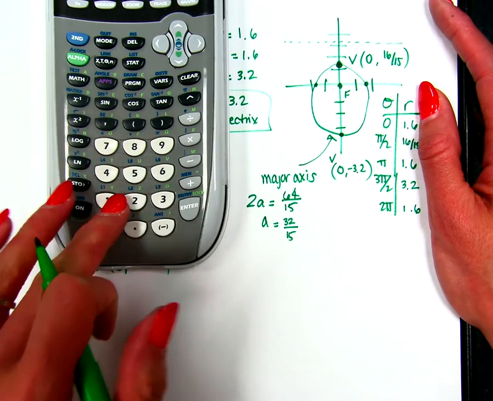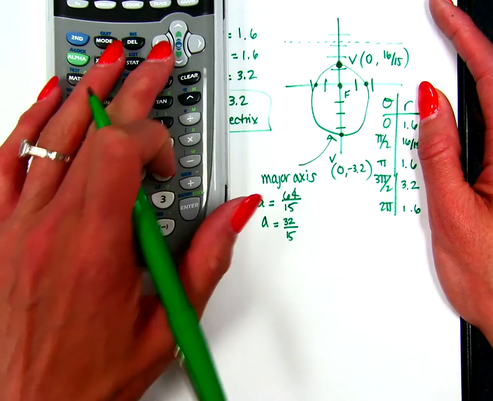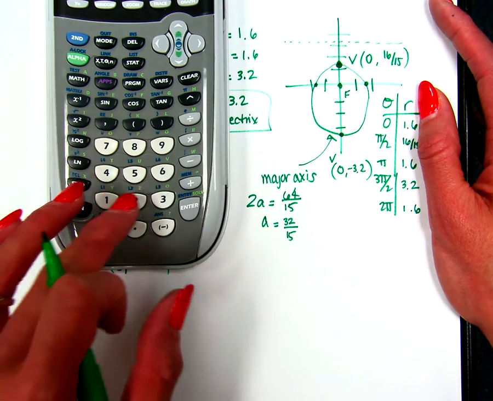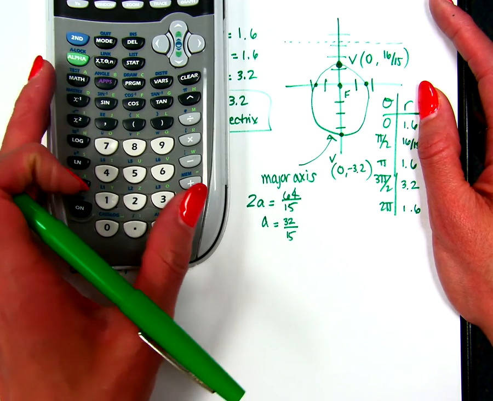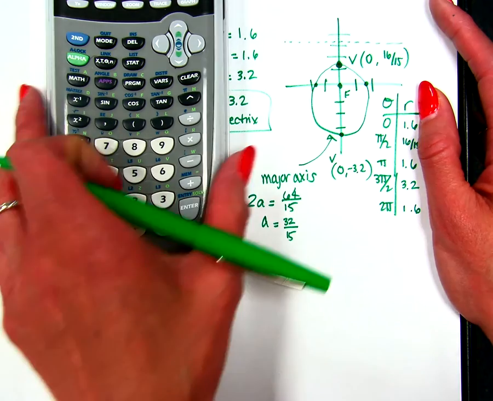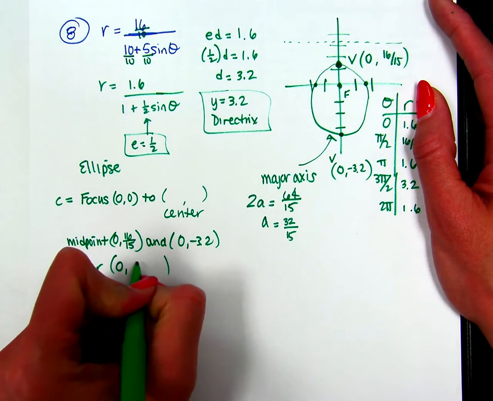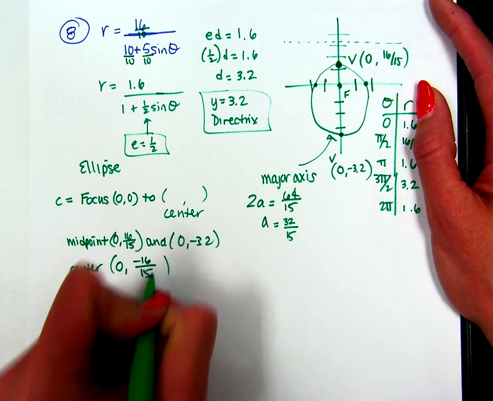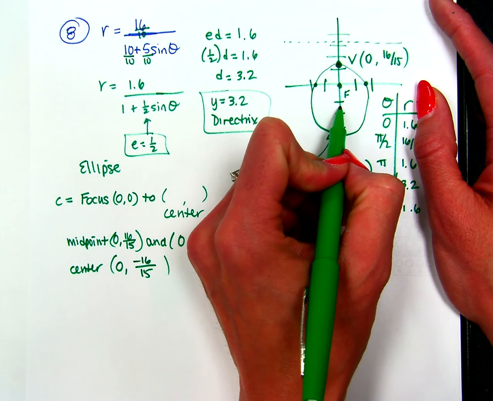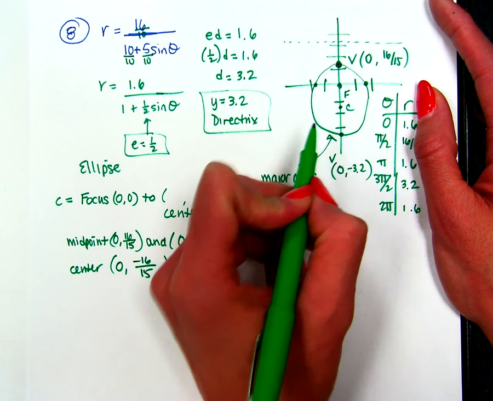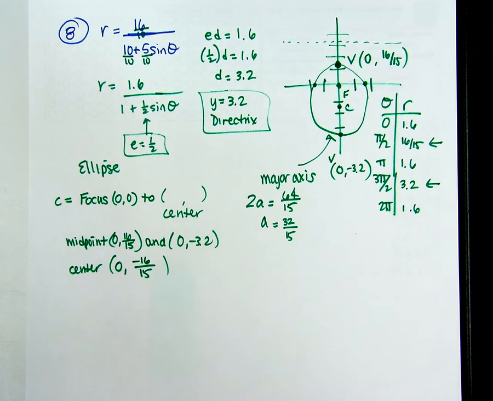So 16/15 plus negative 3.2 and divide by 2 is negative 16/15. Sorry, there you go. So about negative 1.06. So there's our center. And hopefully that graph looks okay.